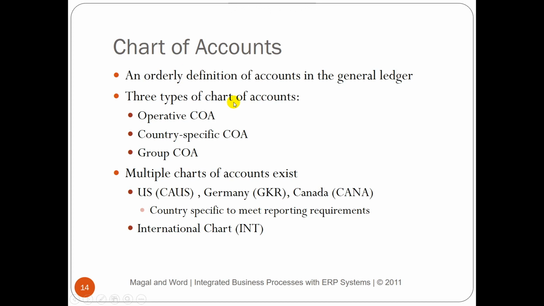The first one is the operative or operational COA that contains the operational accounts that are used to record the financial impact of an organization's day-to-day transactions. So it is the primary COA maintained in the organization.